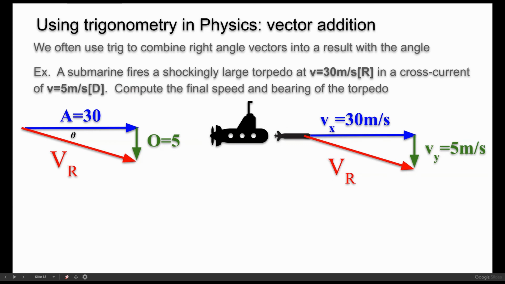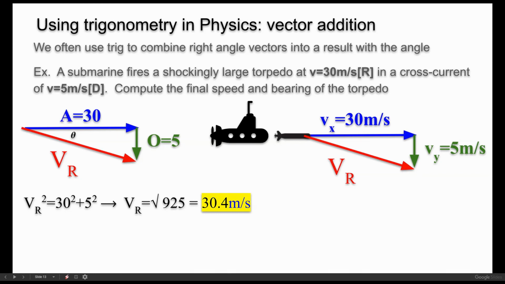To make life a little bit easier, we can take the units off until you're comfortable with trig. Using Pythagoras' law, we take 30 squared plus 5 squared, take the square root of it, and we get 30.4 on the diagonal.